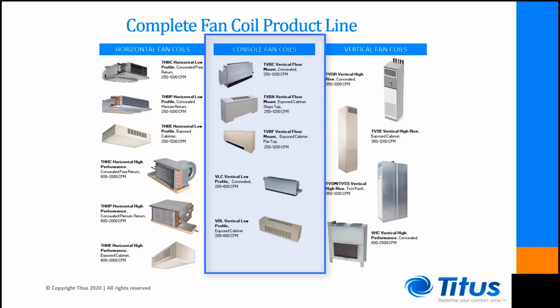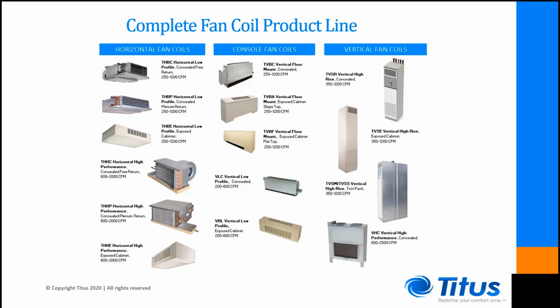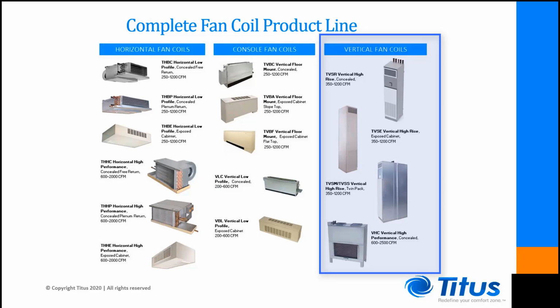Placing a fan coil unit on the floor is more practical in those situations and is where these units would be used. The final category would be the vertical fan coil series. These units consist of tall, thin units with small footprints or a heavy-duty unit meant to be installed in a closet.